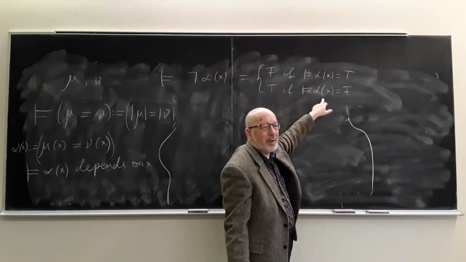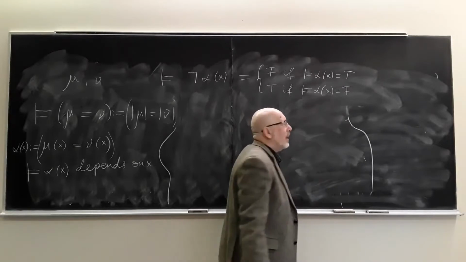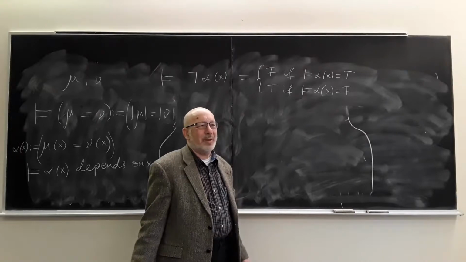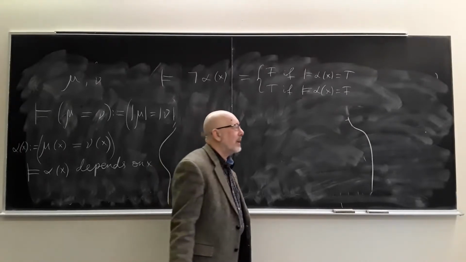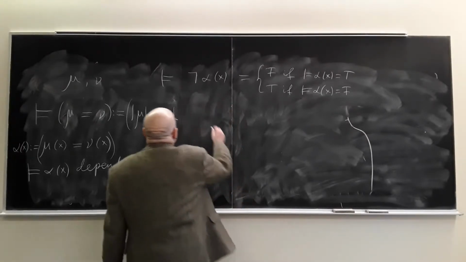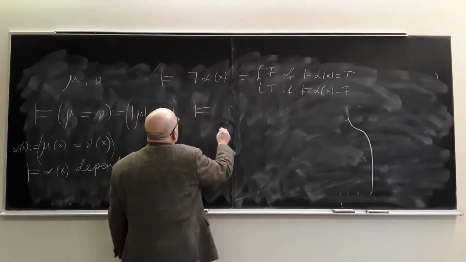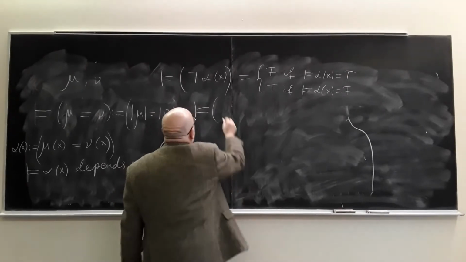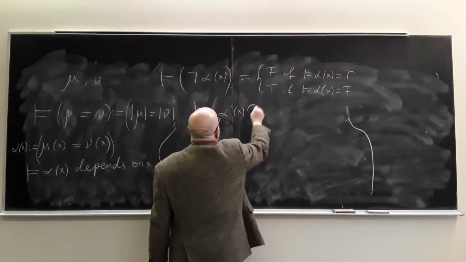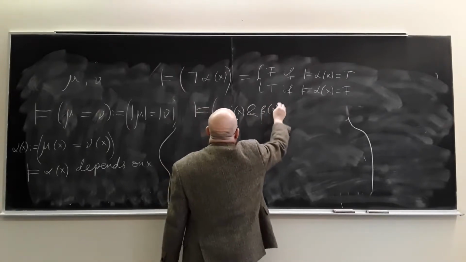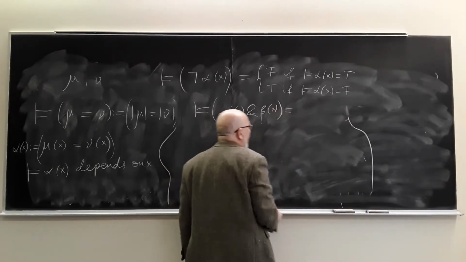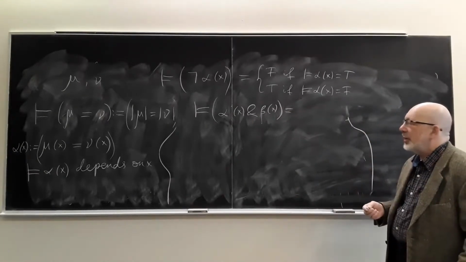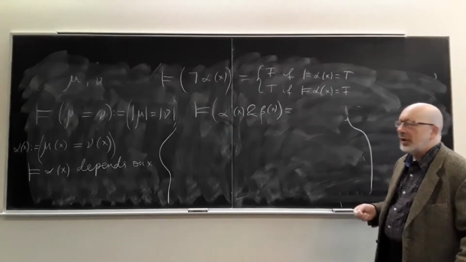Alpha of x is some statement. For example, x squared equals -1. It is a statement. We can express it. The truth value of alpha of x and beta of x is given by the truth table of this conjunction.